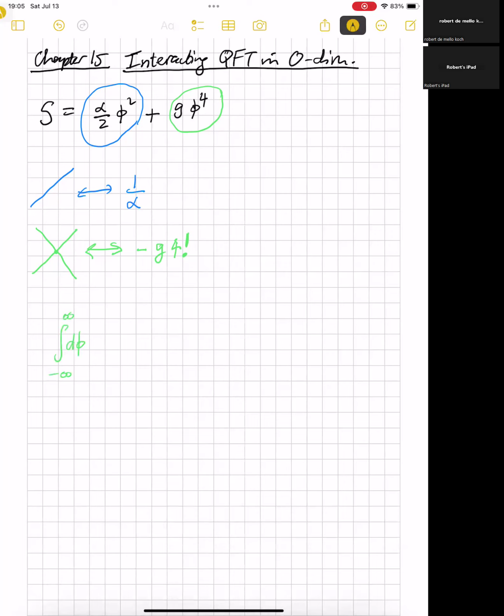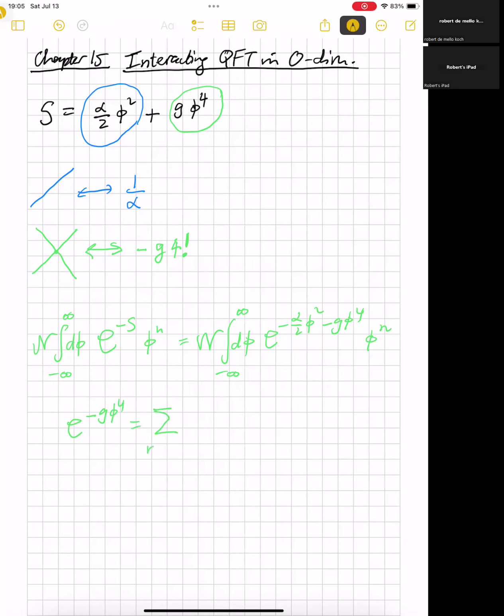There is an arbitrary normalization, and then we had an e to the minus S and some phi to the n. So there was some normalization and an integral d phi from minus infinity to infinity, e to the minus alpha over 2 phi squared minus g phi to the 4, and then phi to the n. And if you remember, we separated out the e to the minus g phi to the 4, and then we expanded this.